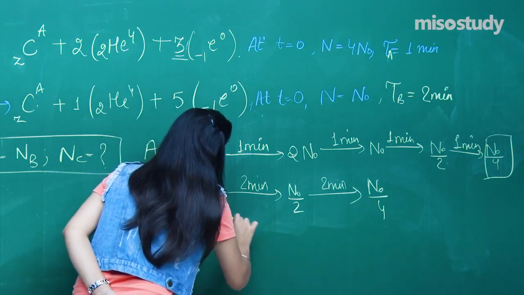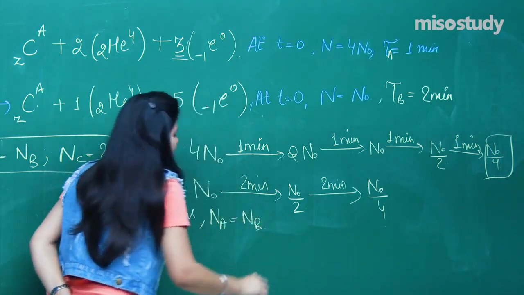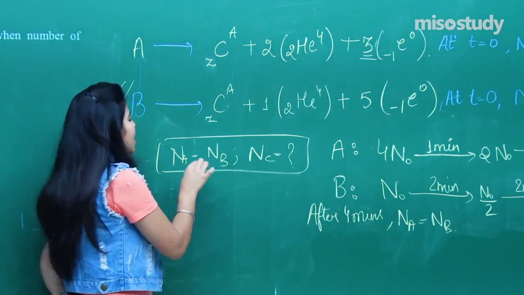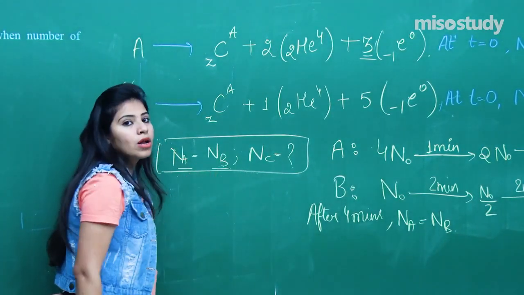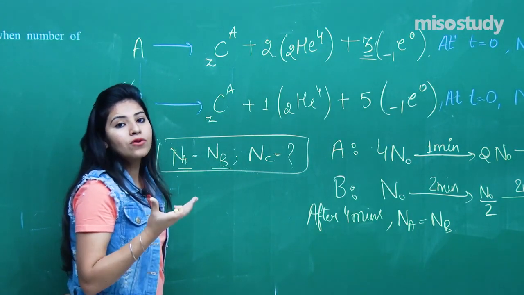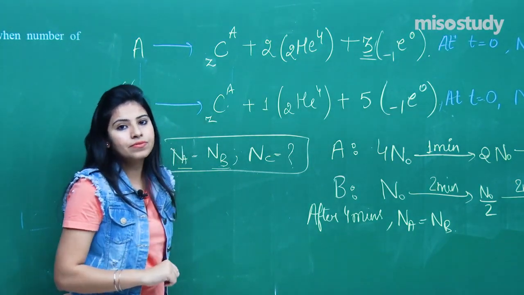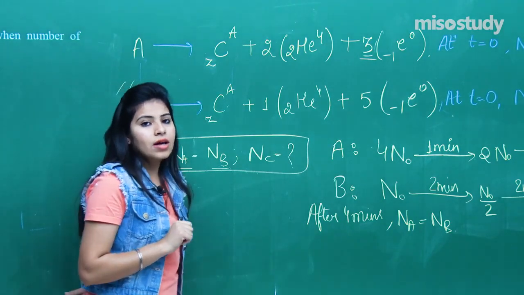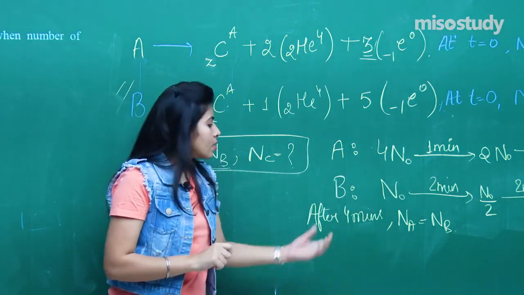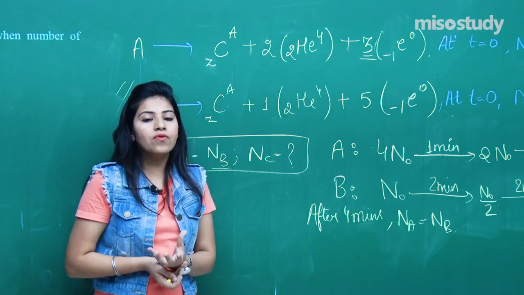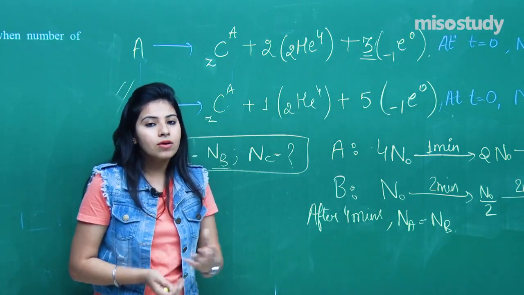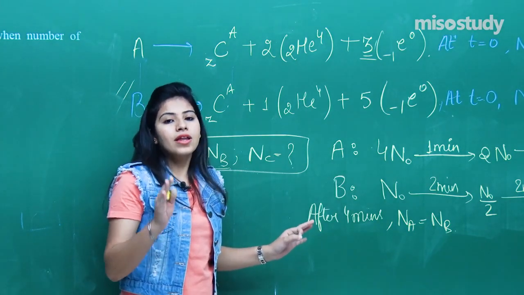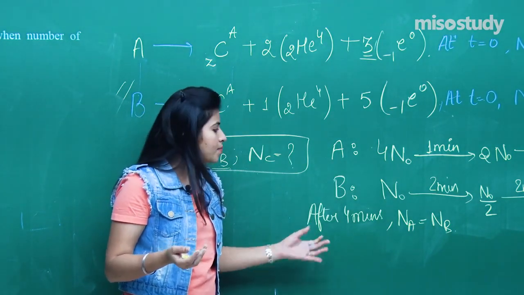Na equals Nb. Now in the question they were asking, at the time when Na and Nb are equal, what will be the number of nuclei of C, right? So we have to tell them the nuclei of C. Now the nuclei of C will be the difference of their initial sum. Let me explain what I am saying.